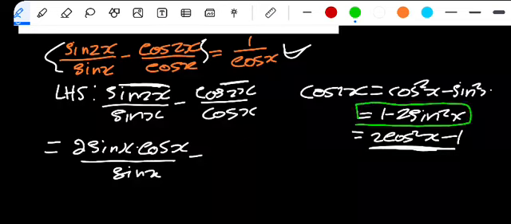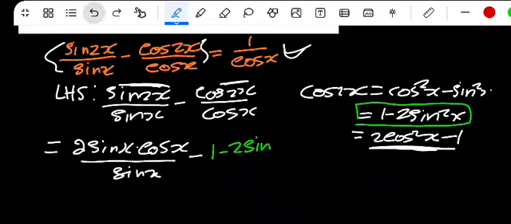Then this would be 1 minus 2 sine squared x.